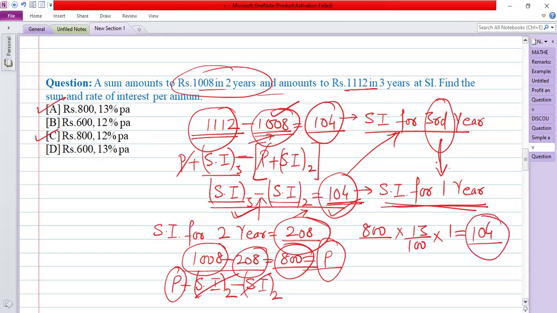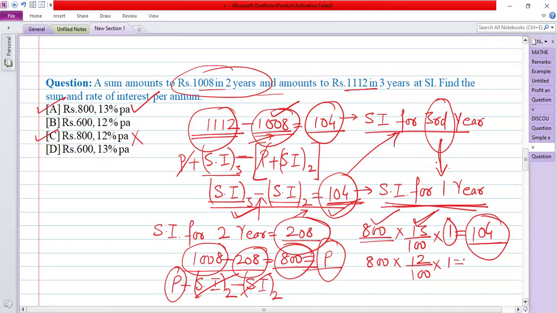So option A is correct and option C is incorrect. Actually, 800 rupees at the rate of 12% for 1 year will give me 96 rupees interest, but here the interest for 1 year was 104.